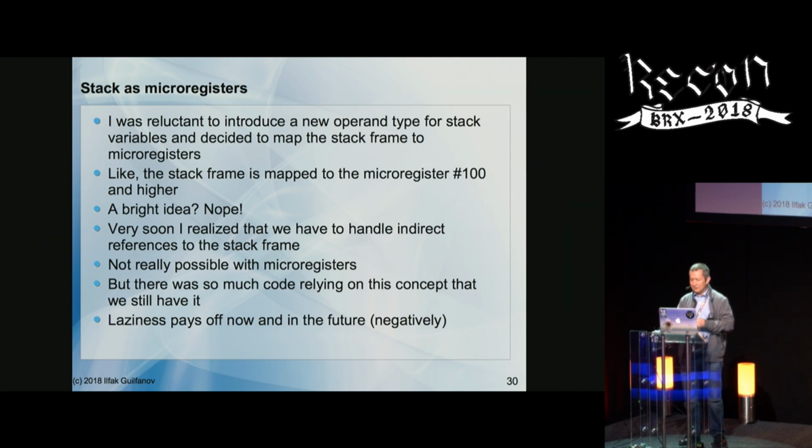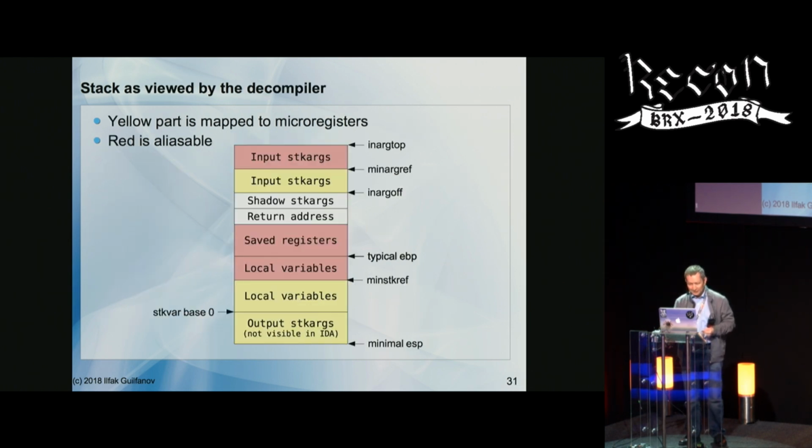In fact, it was not a good idea, and we still have this abstraction, and it really makes our life difficult because we will still need to handle indirect calls, indirect references to the stack frame, and microregisters do not work well. Anyway, that's laziness, that does not pay off, and is not that great.